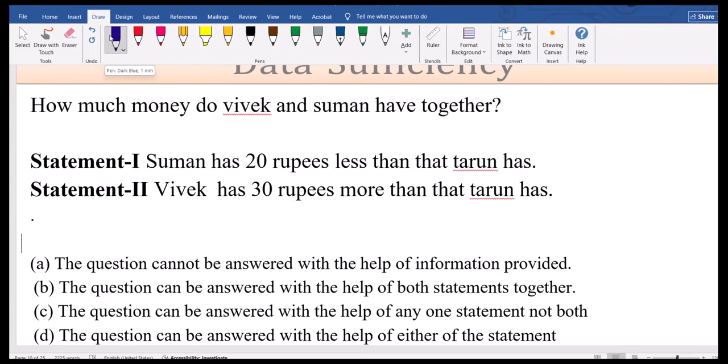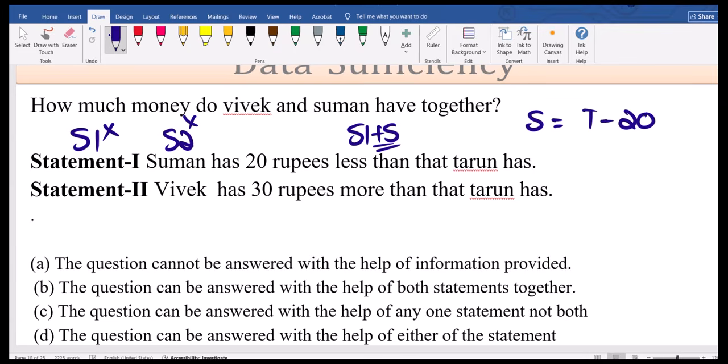1 alone? No. 2 alone? No, because with 1 alone, both are not available. Our focus is Vivek and Suman. 2 alone also both are not available. Now say together, we have to try together. As per statement 1, Suman is 20 rupees less than Tarun.